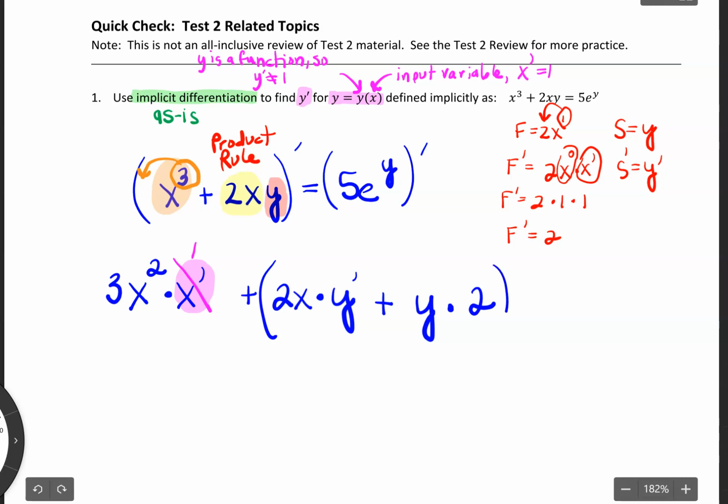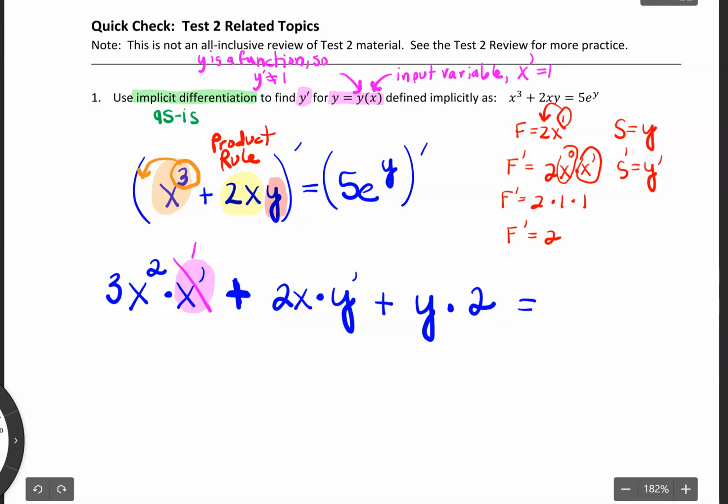And I don't need to put that in parentheses because it's being added, and when I distribute addition, it doesn't change the signs of the terms. But if you want to put it in parentheses just to be safe, you can. If that had been a subtraction instead of addition, you would have had to put it in parentheses because subtracting the terms does change the sign of each term. But it was addition, so I'm not going to include those parentheses.